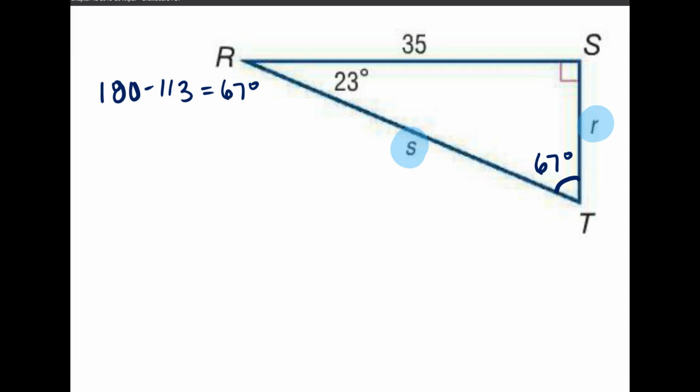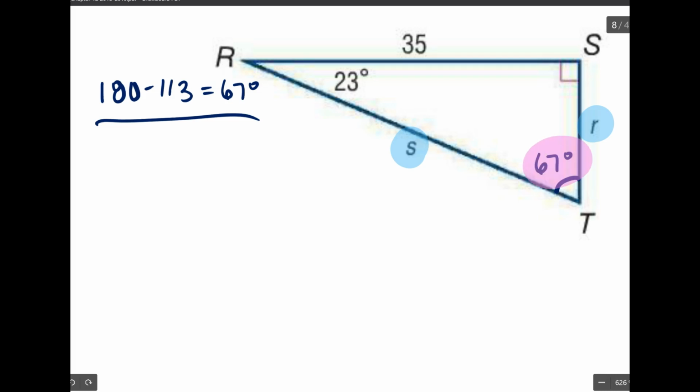Okay, I need to solve for the two side lengths. So, R. How do you want to solve for it? Which angle? We're going to use 67 degrees.